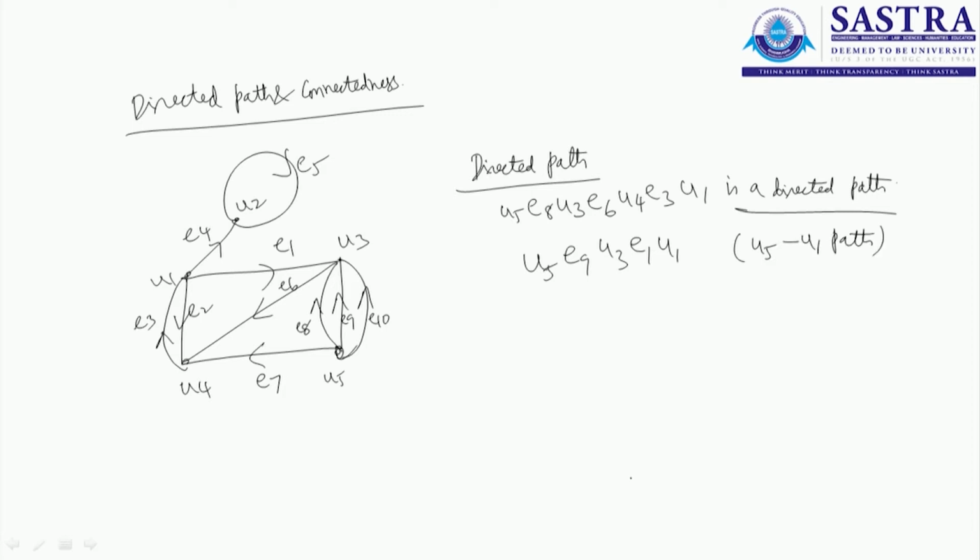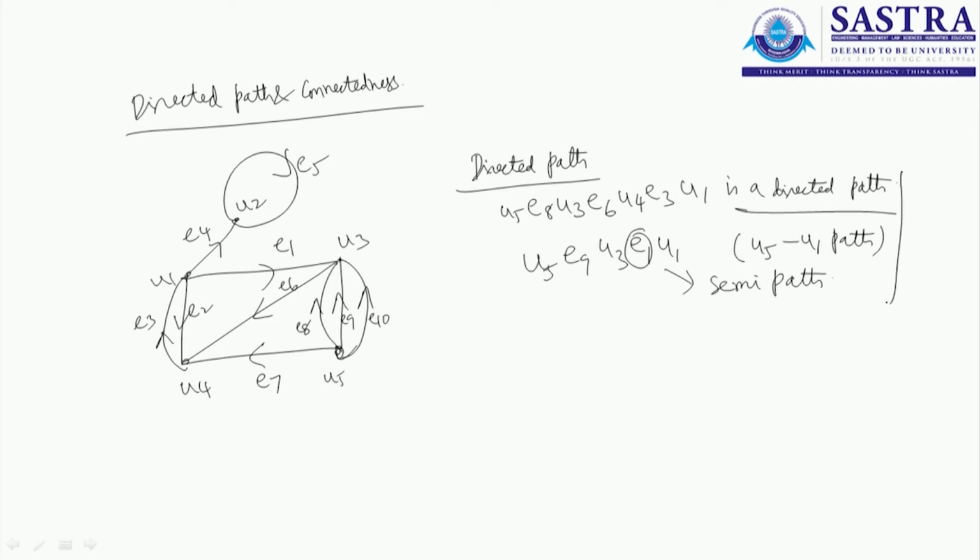Now if you look at this particular edge E1, I am moving against the direction of E1. Still, it is a path when I take the undirected graph which is associated with this directed graph. Such a path is called a semi-path.